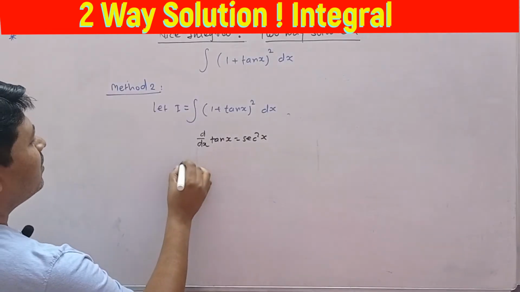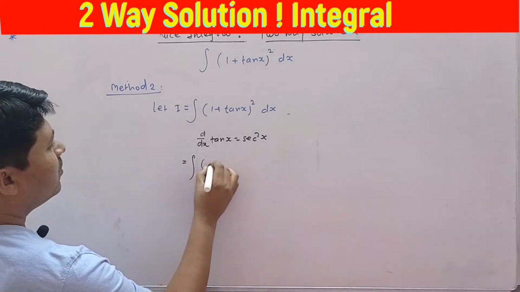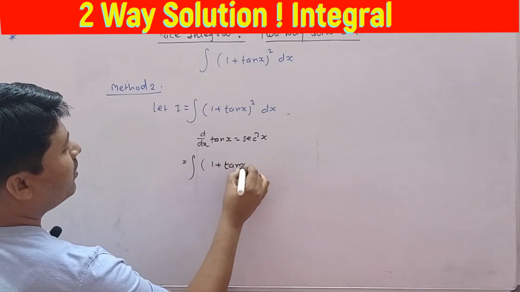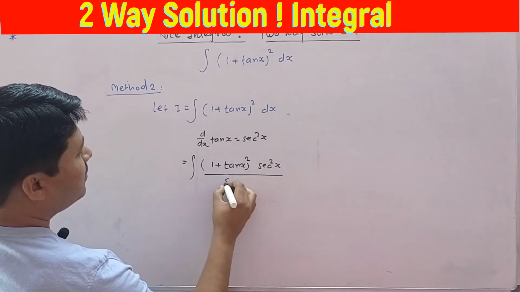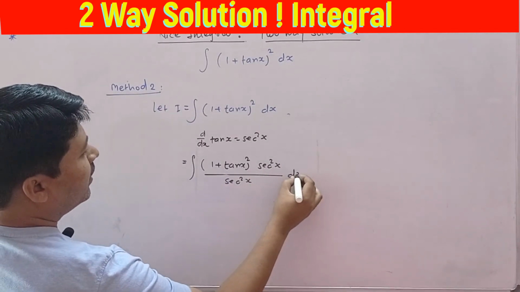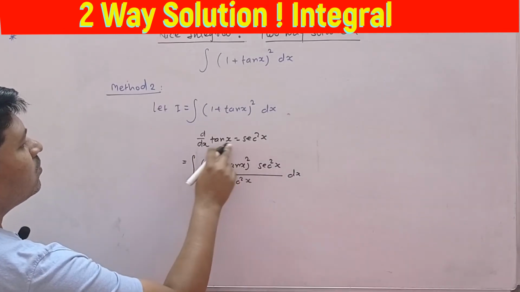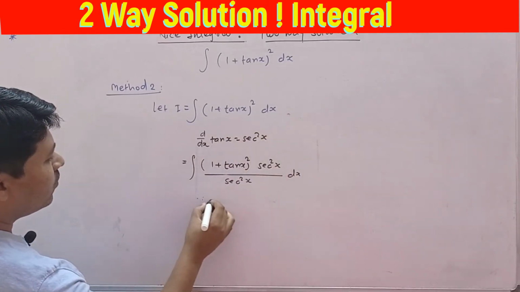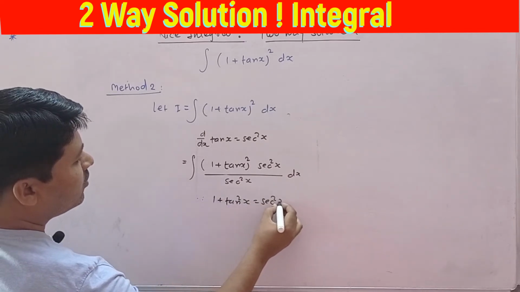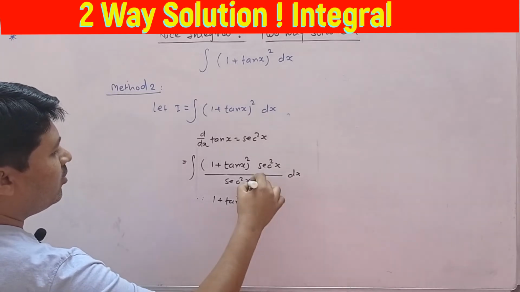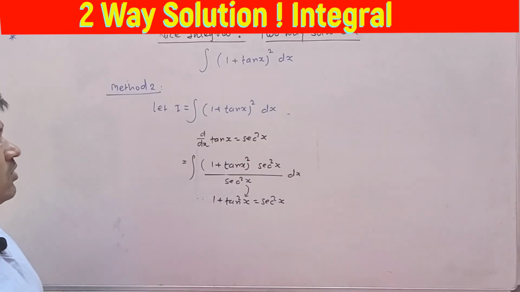So I can multiply the numerator and denominator throughout by sec square x. We know that 1 plus tan square x is also sec square x, and I can replace sec square x with 1 plus tan square x.